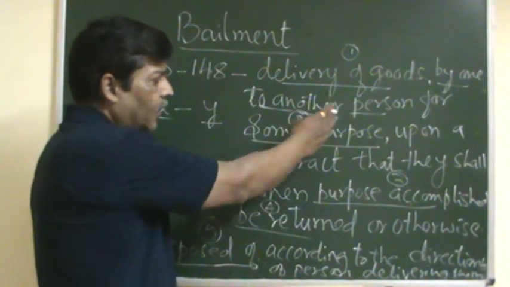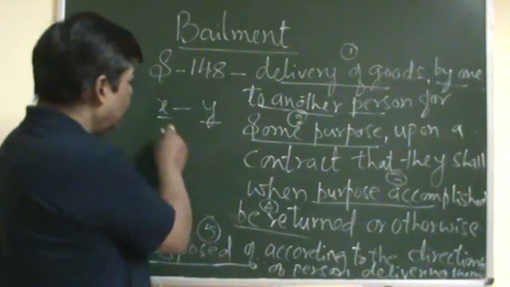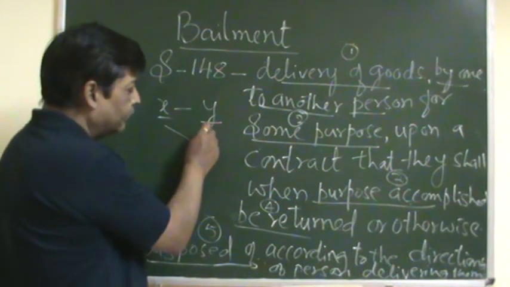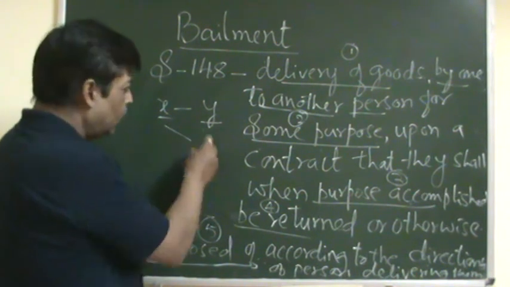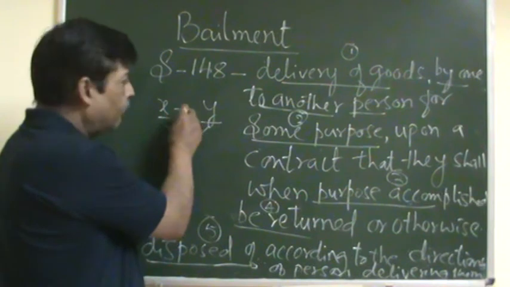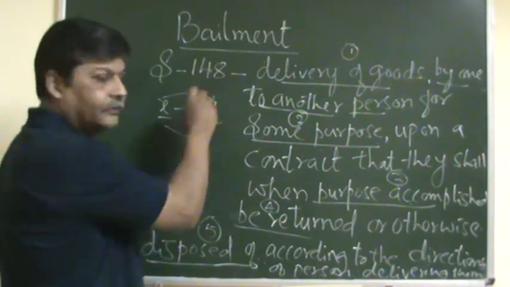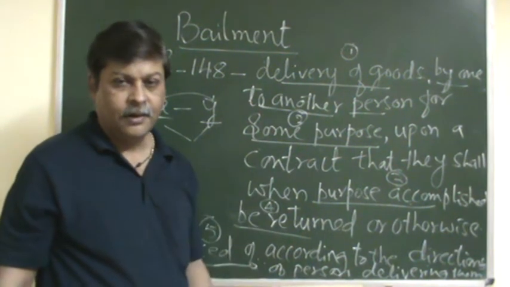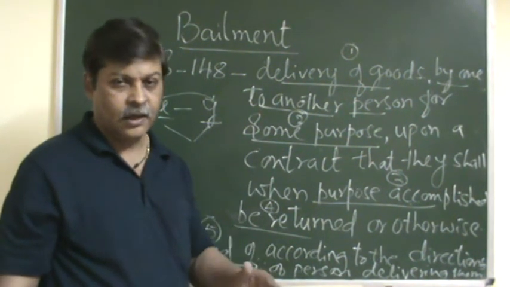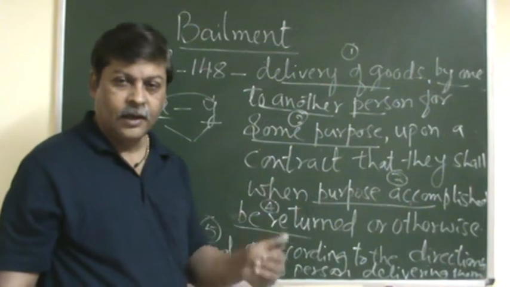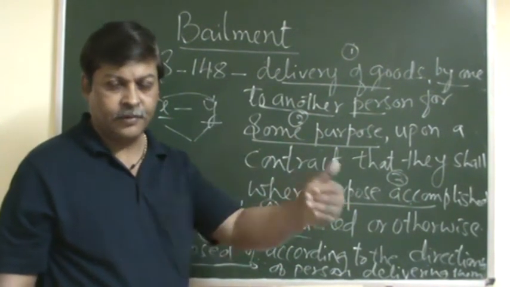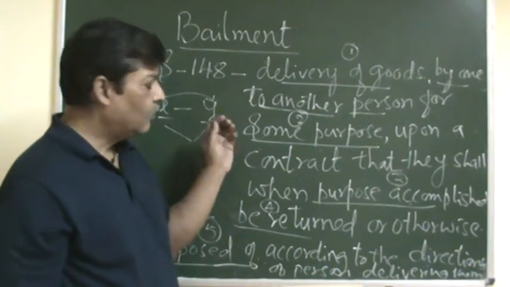So X delivers certain goods to Y. The delivery of the goods is from X to Y. For example, X has delivered his car to Y, the garage person, for service.